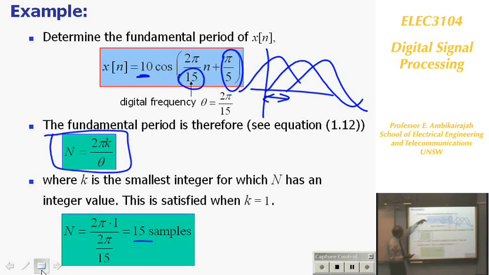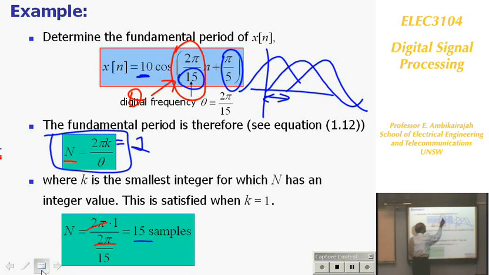So there are all sorts of possibilities here. You can use this formula with k equal to 1, and you know theta is 2 pi over 15 because this is the theta. So you can say 2 pi over theta in one way. The second way is n equal to 2 pi times 1 over theta, where theta equals 2 pi over 15, and these two cancel, you get 15.